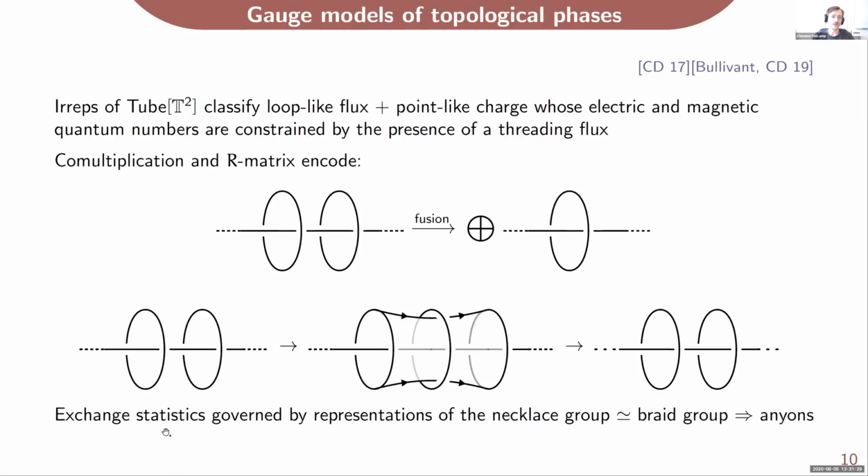And we can go slightly further. We can show that the exchange statistics, the one depicted here, is governed by a representation of the so-called necklace group, which is a motion group isomorphic to the braid group. And I mentioned that having a representation of the braid group was the definition of being an anyon. So this is why, at the end of the day, we can say that these loop-like excitations, with respect to this braiding, behave like anyons.